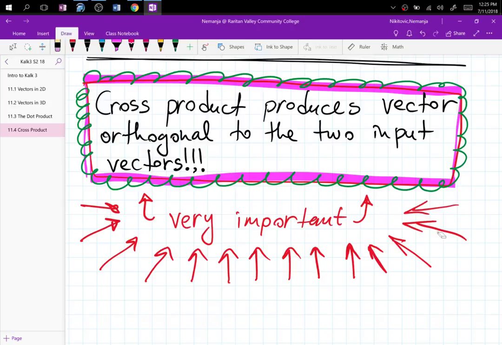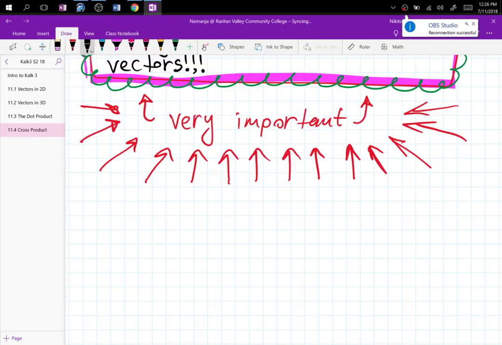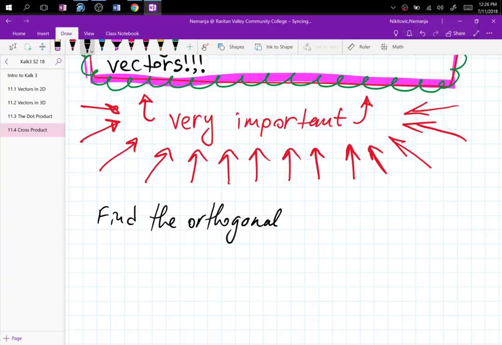So now, if you have two vectors, the problem says: find the orthogonal vector to the vectors 1, 2, 3 and negative 2, 4, 1.